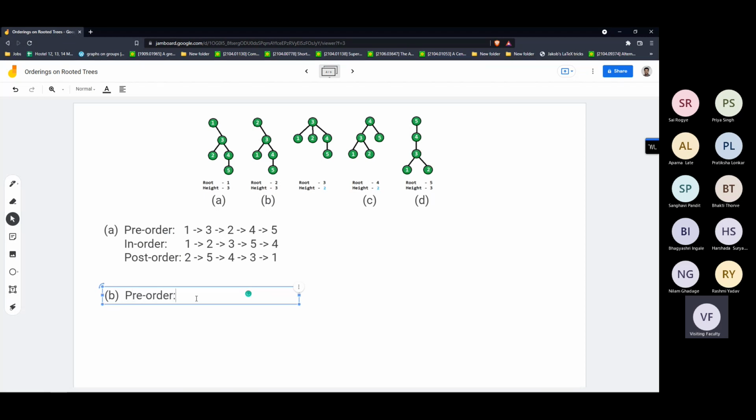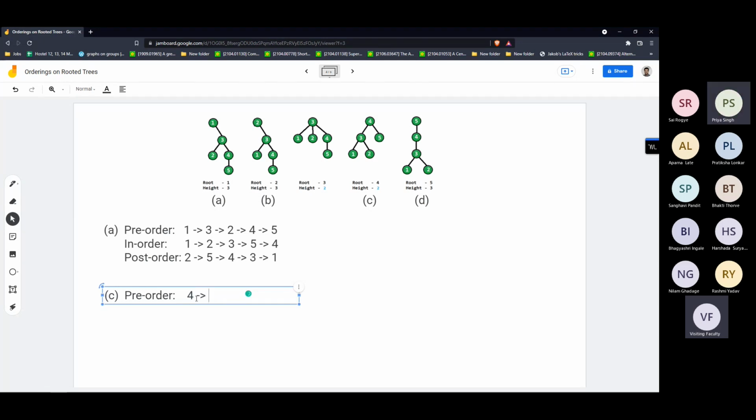Okay. What is the rule for pre-order? Root, then left subtree, then right subtree. Okay, very good. This is for C. Go ahead. Then 4 will come first because it's the root.